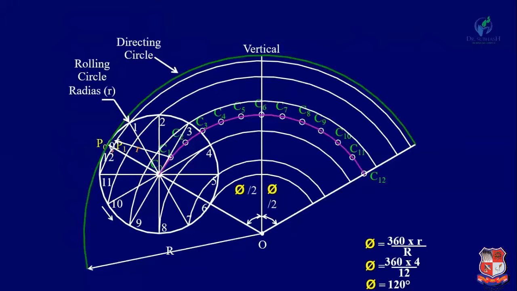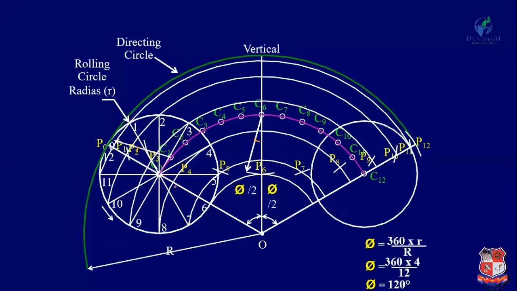Similarly with C2 as a center, you will get the point P2, and with C3 the point P3. Similarly, find all the points P4, P5, P6, P7, P8, P9, P10, P11 and P12.